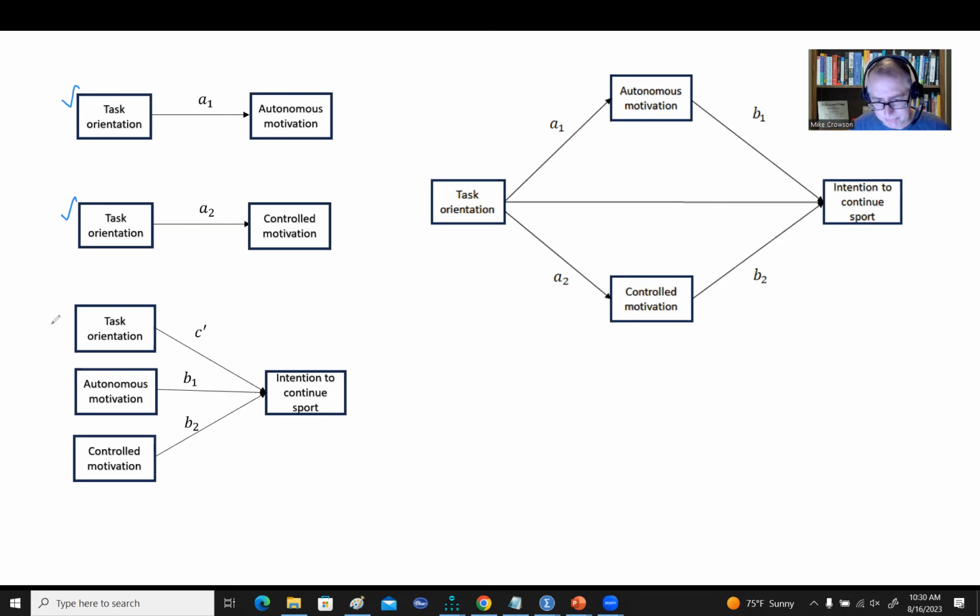And then we've got the regression of intention to continue sport onto all three of our variables, task orientation and the two mediators, autonomous motivation and controlled motivation. So that's where we get the values for A1, B1, A2, and B2. And then also, although it's not really denoted right here, I'll note this as C prime right there.